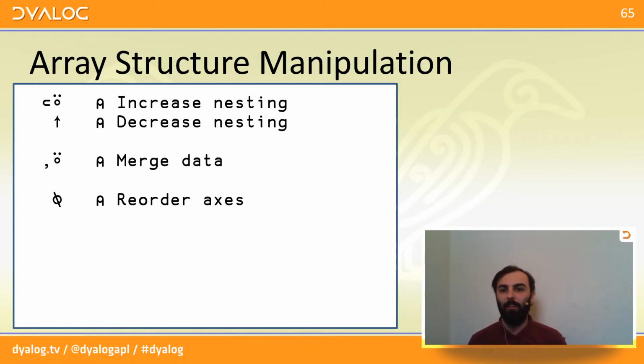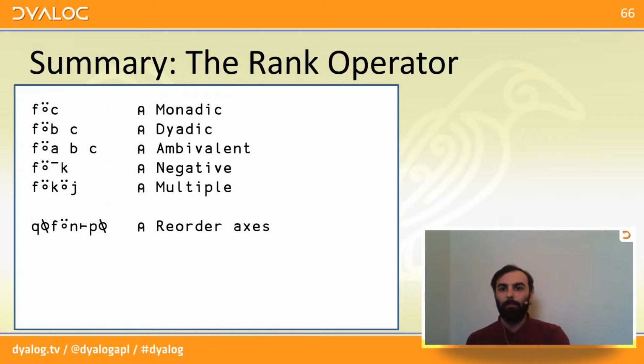If you can master this, then you're getting really good at array-oriented programming. This is just to summarize what's been discussed in all three webinars. If you're learning the rank operator, just know that there's a fairly finite list of things to master before you can say that you've basically got it.